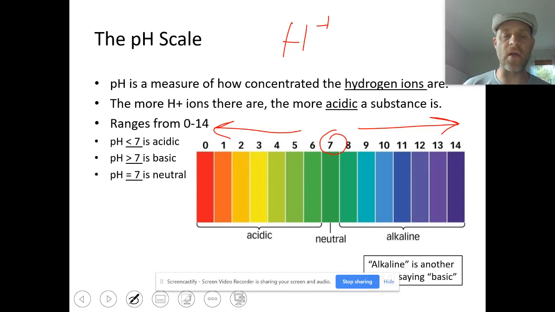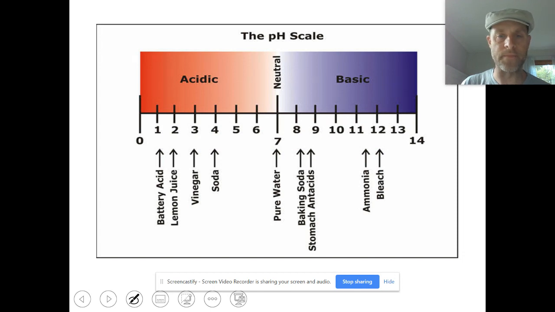Now, alkaline is another way of saying basic. So you look here and you say, well, you said they were bases. Yep, they are. Another way of saying that is alkaline. Okay, so this isn't new information, but that's the pH scale.